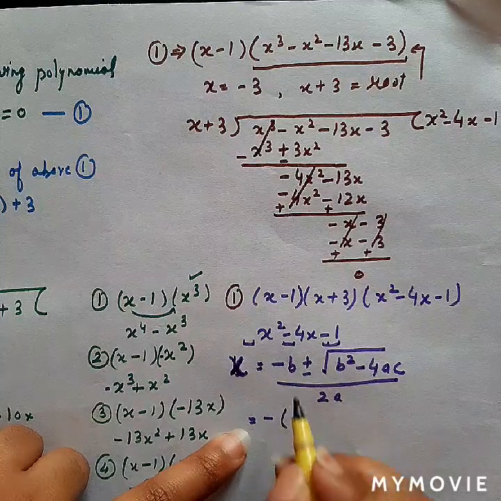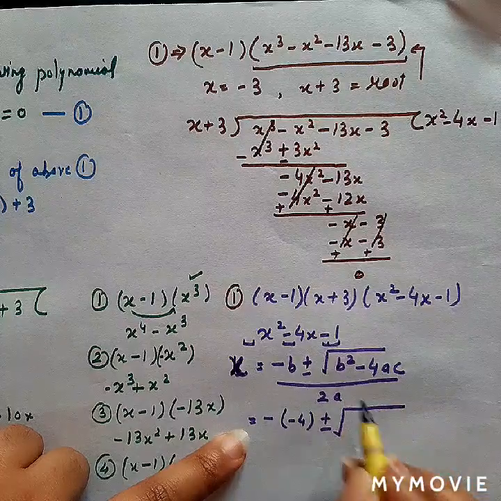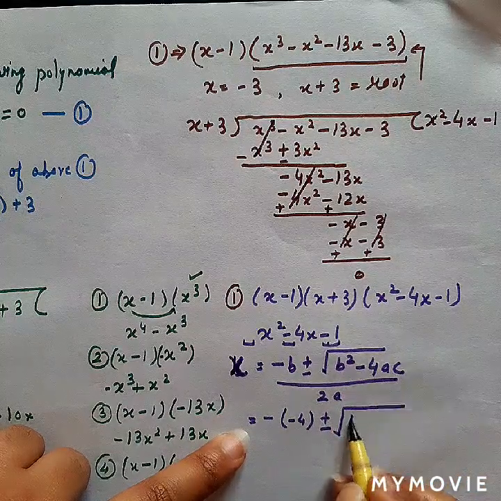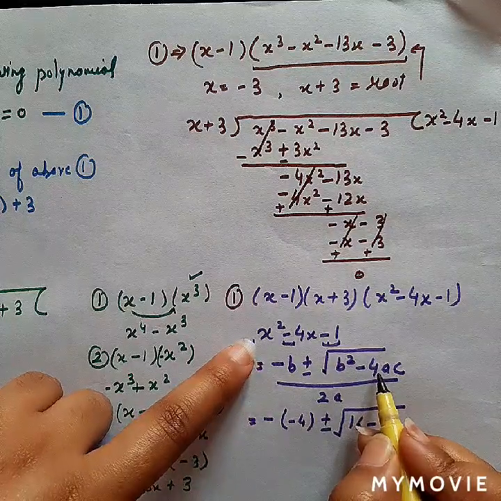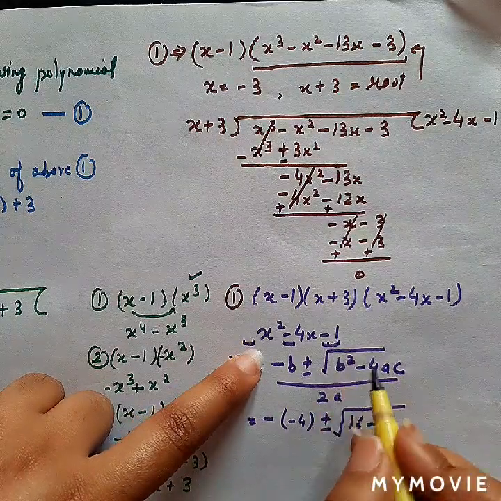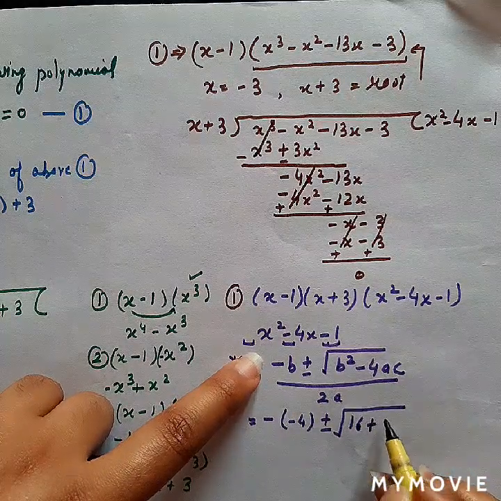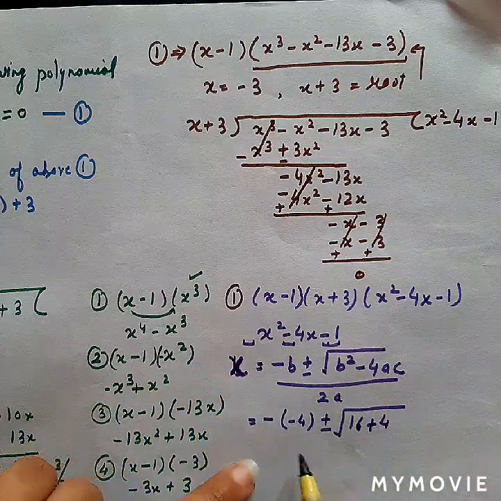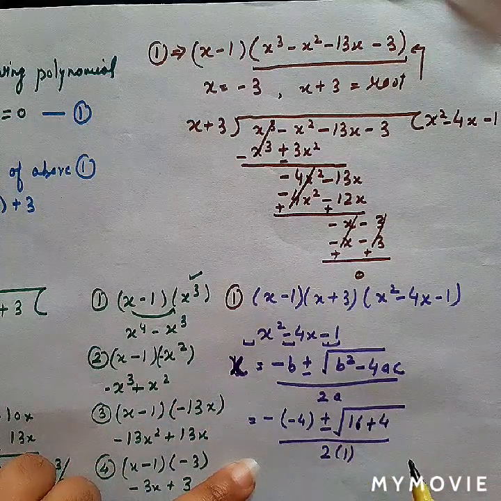So minus b is 4, plus minus under root of b square, 4 times 4 is 16, minus 4 into a into c. This will be equal to 4, c is equal to minus 1, 4ac will give us minus minus plus 4, then divided by 2, a is 1. Fine.